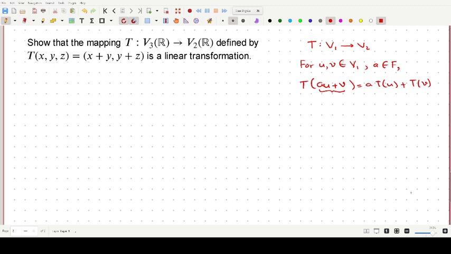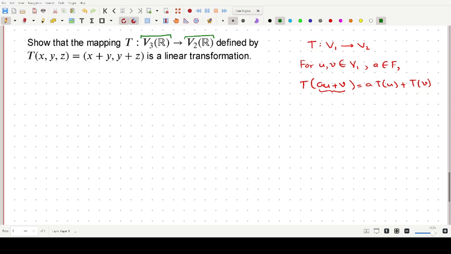Okay, now in our example, we have V1 as R3 and V2 as R2. So R3 is the vector space consisting of all three-dimensional real valued vectors, and R2 is the vector space consisting of all two-dimensional real valued vectors.